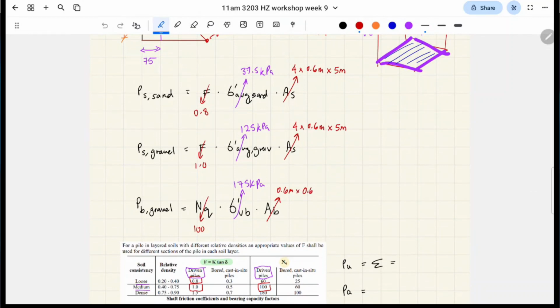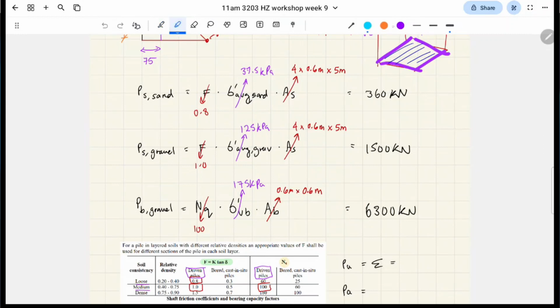Not too bad. When we plug everything in, we get 360 kilonewtons for the shaft in sand, 1,500 kilonewtons for the shaft in gravel, and 6,300 for the base, which sits in gravel.